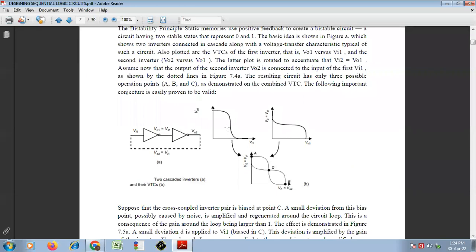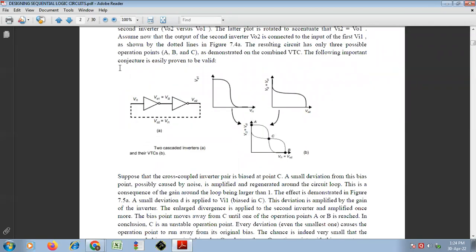Now if you combine both, you have only 3 possible operating points. Which ones? This A, this B, and the middle one, C. You have only these 3 possible operating points, A, B, and C.